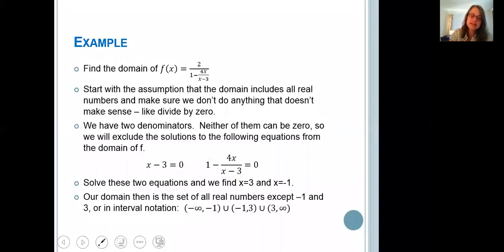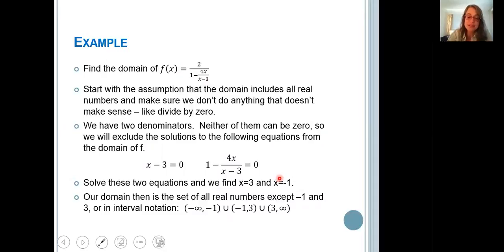We're going to set the second denominator, this whole big guy, 1 minus 4x over x minus 3, equal to 0. Solve that, and you should be able to find that x equals negative 1. If you're not sure how to solve that, let me know. We'll walk through it. Okay? You can do it in class. What that means is that our domain is the set of all real numbers except for 3 and negative 1.